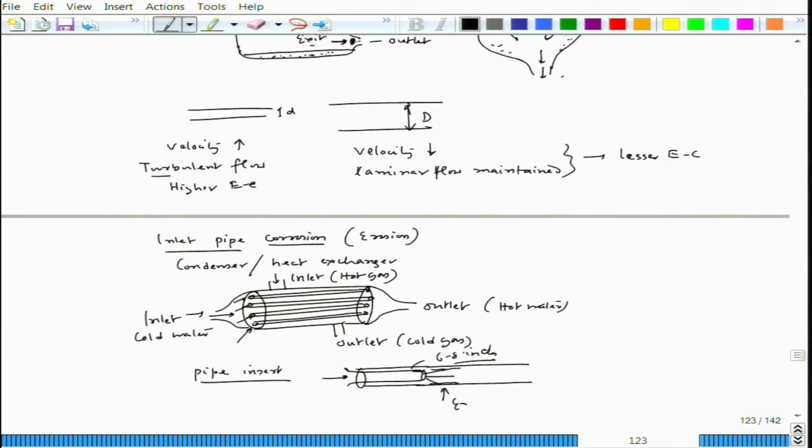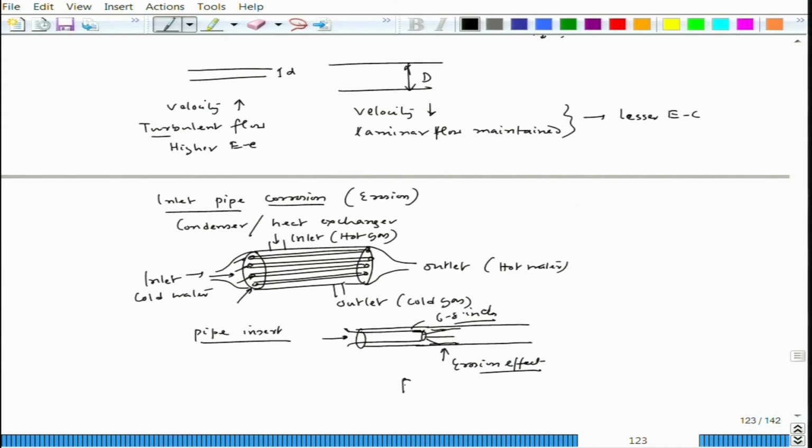So, here erosion effect would be there. Okay. So, that is why people use a feathered end insert. That makes the water flow, when the water comes through the insert into the main heat exchanger pipe, not a very sharp flow, it will be a smooth flow. Okay. Impingement factor would be much less.